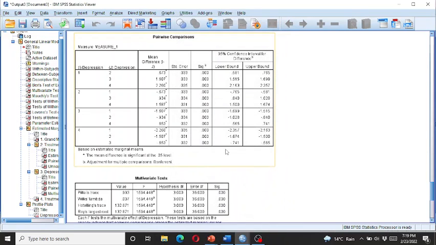You can also check this change or the difference between each time by conducting separate t-tests.